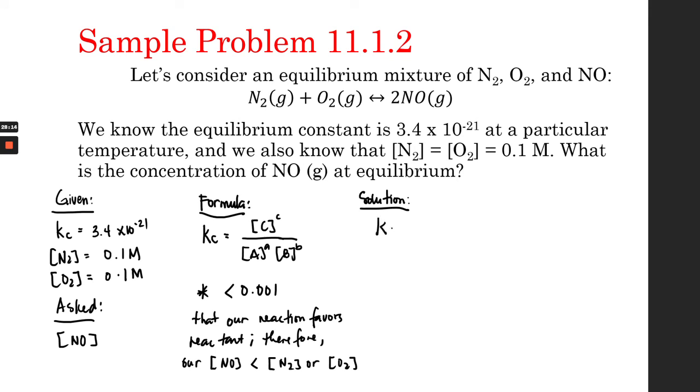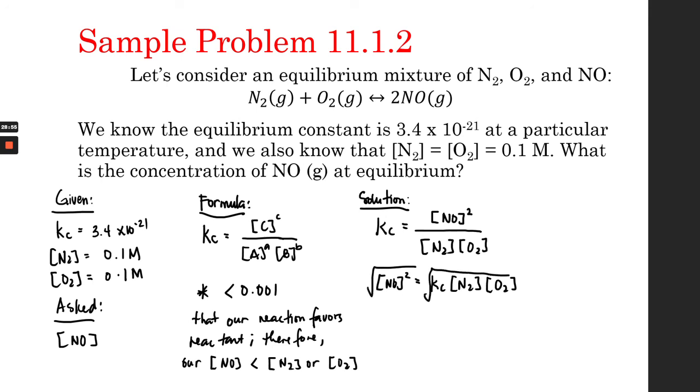Okay, so what we're solving is NO. We have the chemical equation of this, and then we just plug in the numbers. Our C is NO, raised to 2. And then we have N2, which has a coefficient of 1, so that's raised to 1. And we have O2, also raised to 1. Since we are solving for NO, we just have to rearrange our equation. That gives us the concentration of NO raised to 2 is equal to Kc multiplied by the concentration of N2 multiplied by the concentration of O2. And then we have to take the square root of both sides because our NO is raised to 2.